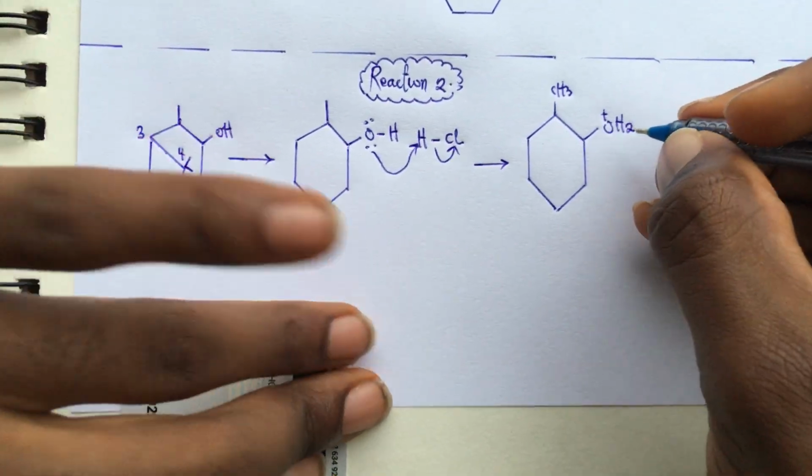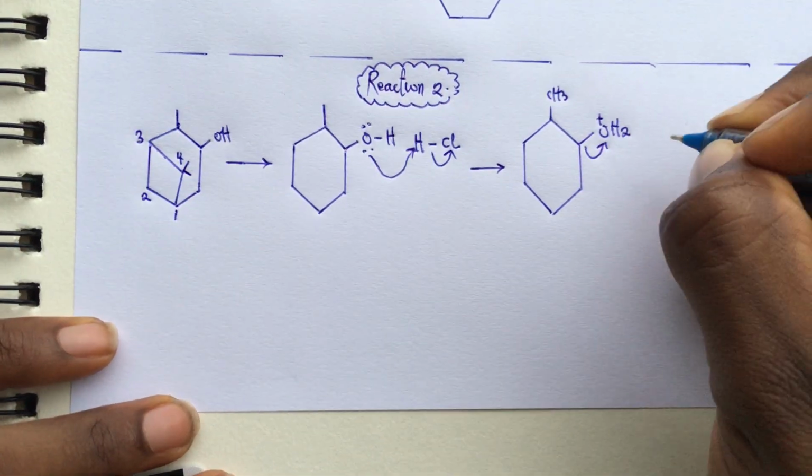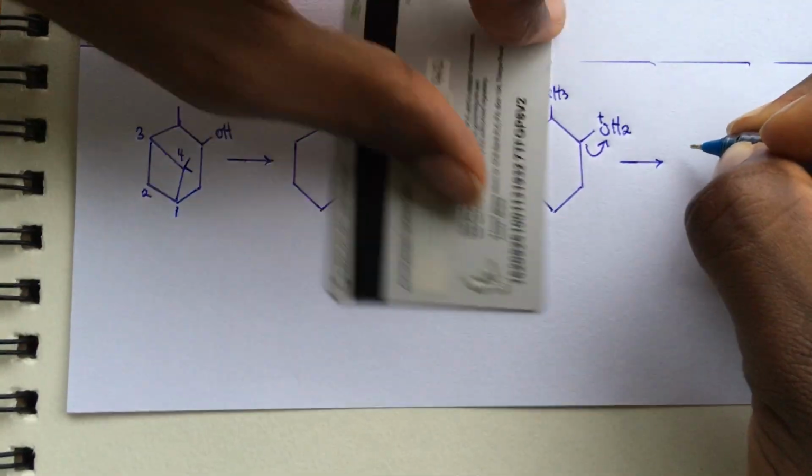So here, the next thing you're supposed to do is allow the water to leave, because it is a good leaving group. And then you are going to have a carbocation.